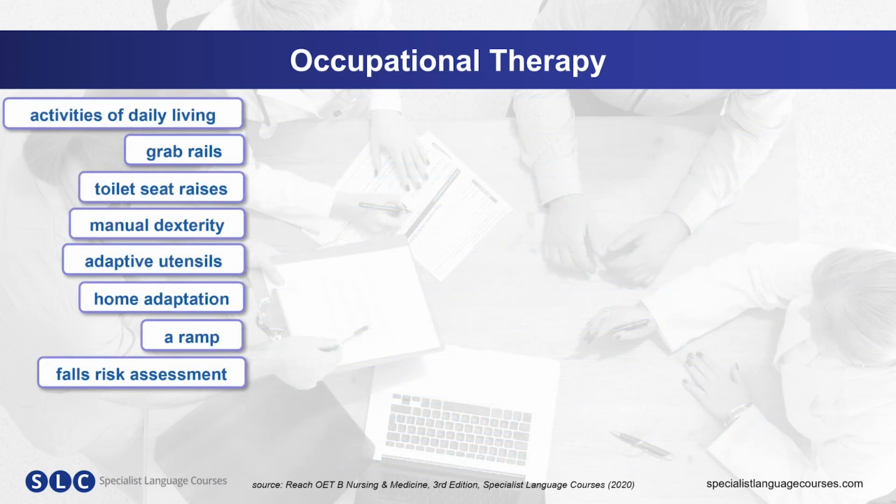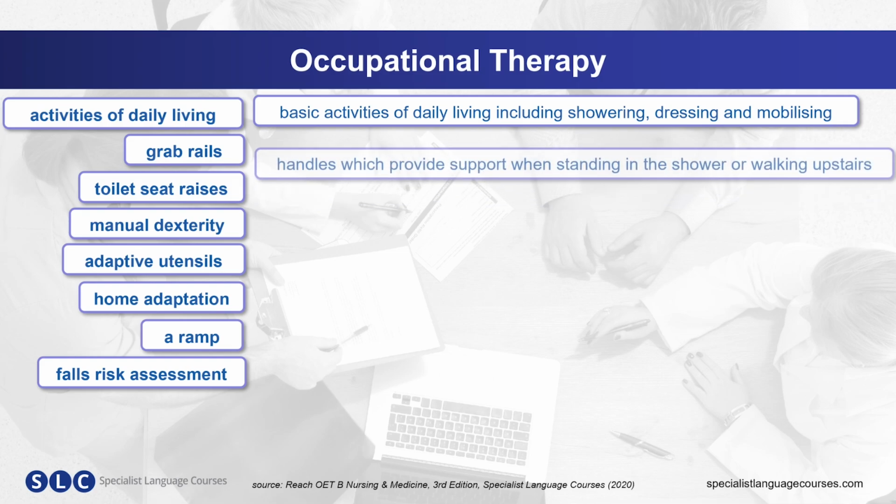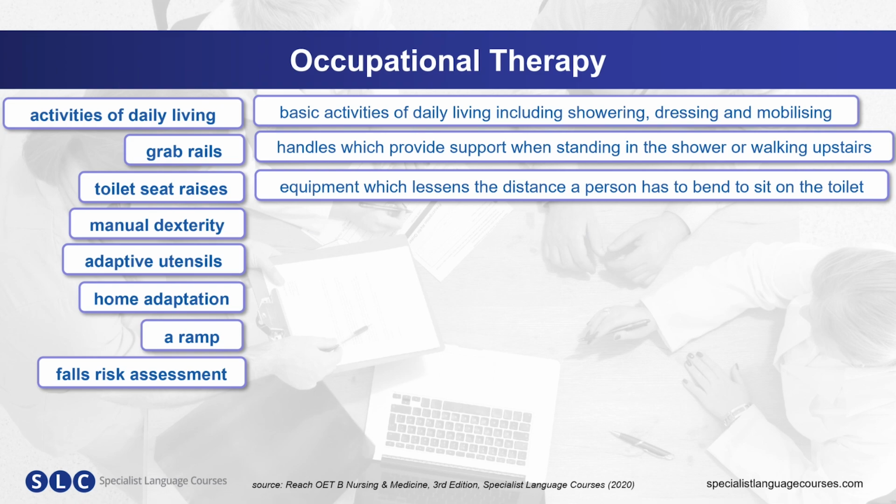So we have activities of daily living. Basic activities of daily living, including showering, dressing, and mobilizing. Grab rails. Handles which provide support when standing in the shower or walking upstairs. Toilet seat raisers. Equipment which lessens the distance a person has to bend to sit on the toilet.